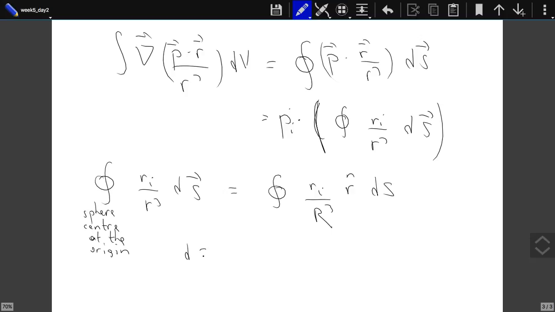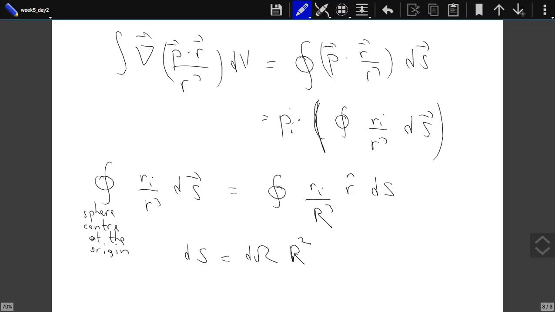Well, you see, ds is the omega r squared times r squared. I cannot replace the omega by the angle because ri depends on the angles. I cannot integrate over the angles. So I cannot write the omega is equal to 4 pi or 2 pi something.